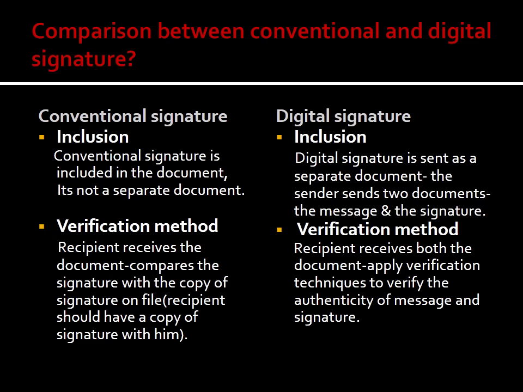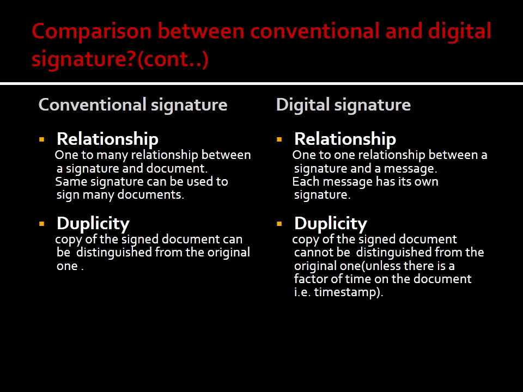He can compare the signature of the sender with the signature he already has, right? Now in digital, the recipient receives both the message and the signature as separate documents, as I mentioned earlier. Then he applies a verification technique, which we will study further, to verify the authenticity of the message and signature. Let us see other points, right? We'll see the relationship. There is a one-to-many relation between a signature and documents.